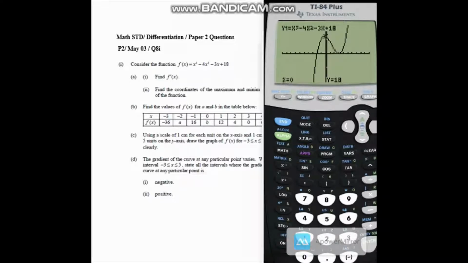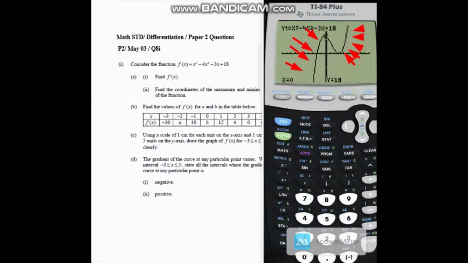And the gradient is positive when the function is increasing. So whenever x is less than -1/3, any of these points right there have a positive slope because the function is increasing. So x is less than -1/3, or x is greater than 3, starting right after the minimum point, the function is increasing. Hence, for this entire part of the graph, the gradient is positive.